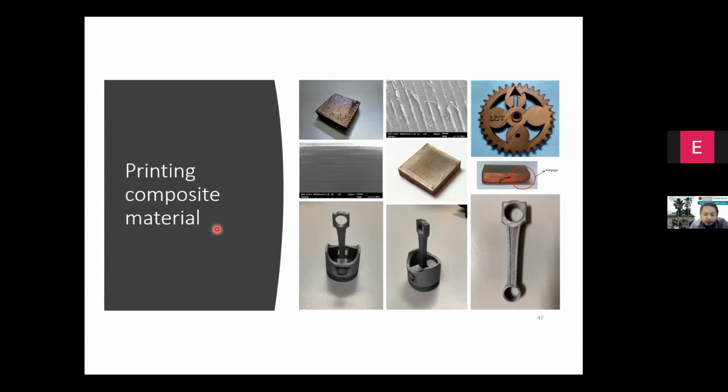Normally we use SLM, powder-based selective laser melting, but it's very high cost, so they have switched to FDM. With FDM we need a lot of post-processing, for example binding and sintering, but we can reduce cost from there.